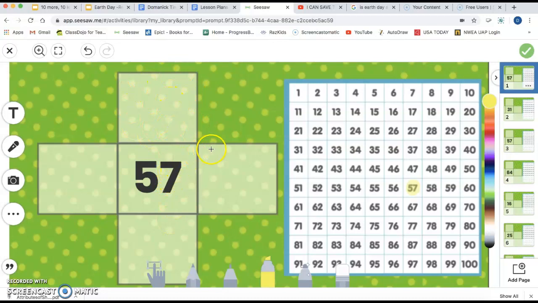What is 1 more than 57, put it on the right, and what is 1 less than 57, put it on the left. When you put in your numbers, you can use the pencil or pen tool, or you can use your text tool to type it. The highlighter one is not going to show up that well on here, so just use the highlighter to highlight the numbers on the hundreds chart to help you.